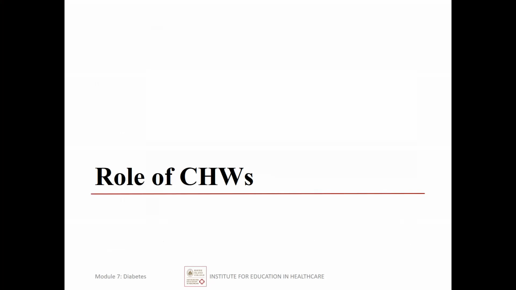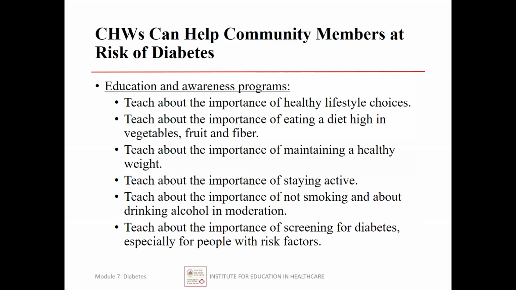What's the role of community health workers working with people with diabetes or with the community as a whole? Community health workers can help community members who are at risk of developing diabetes.